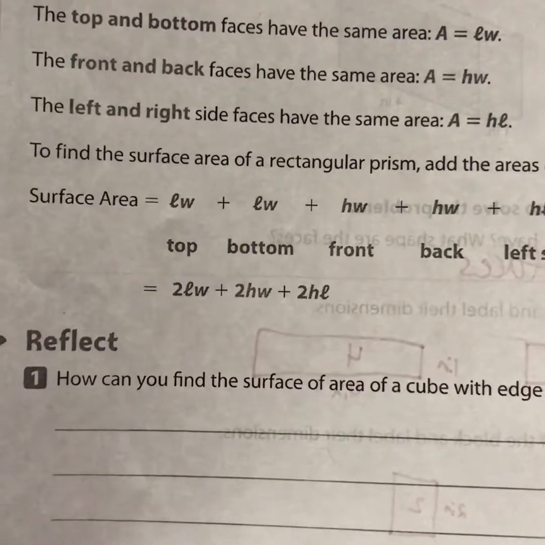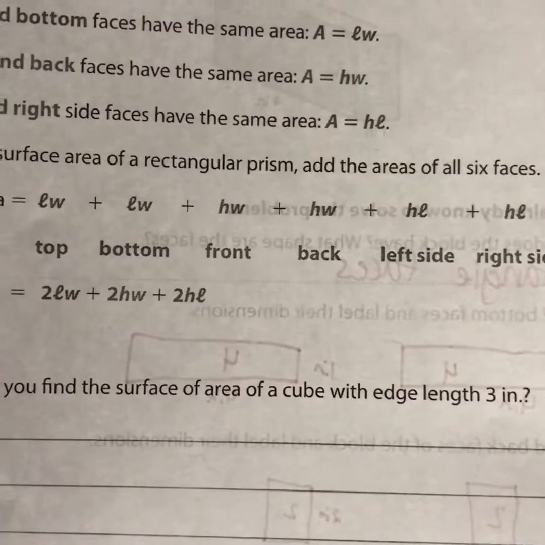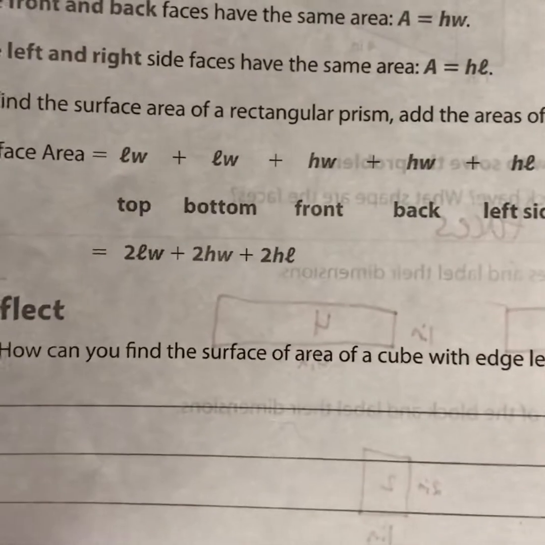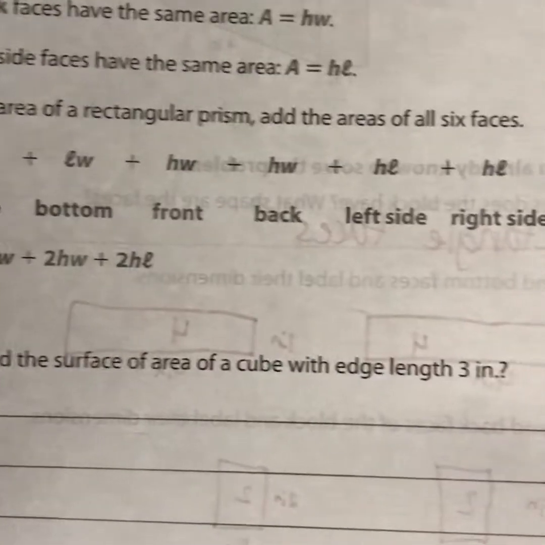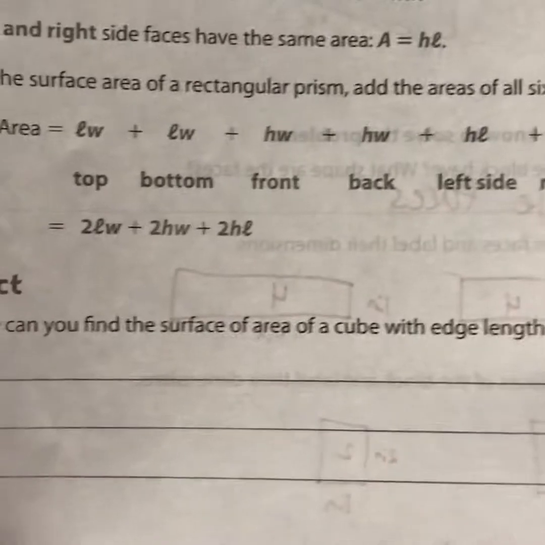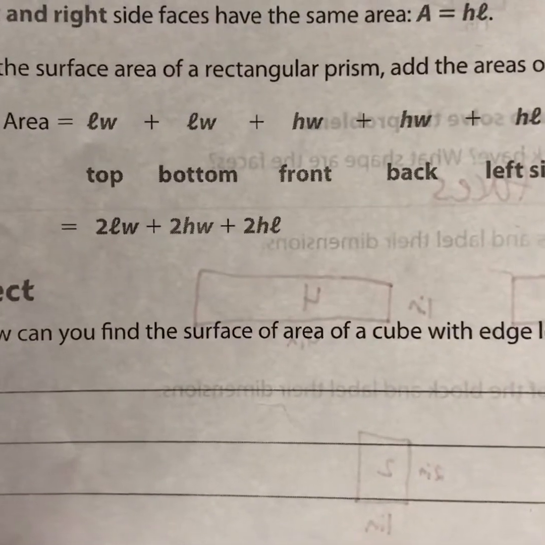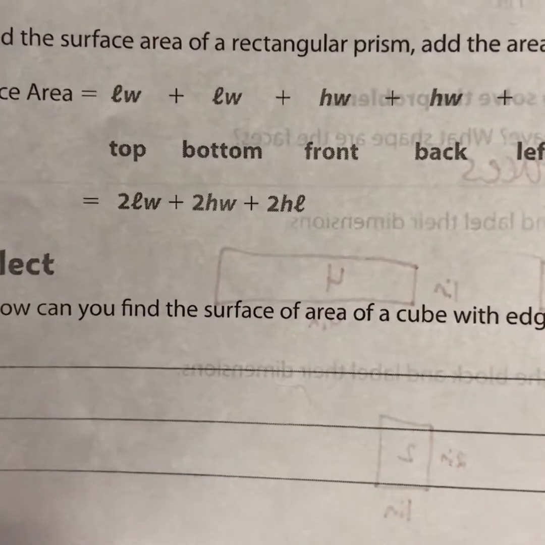Surface area equals length times width plus length times width plus height times width plus height times width plus height times length plus height times length. Or top, bottom, front, back, left side, right side. Here's the formula: 2 times length times width plus 2 times height times width plus 2 times height times length.